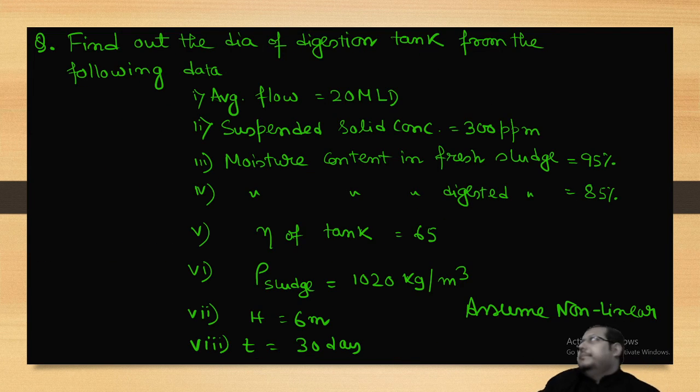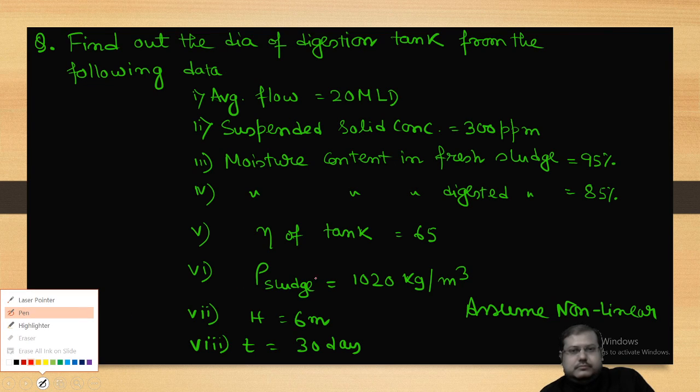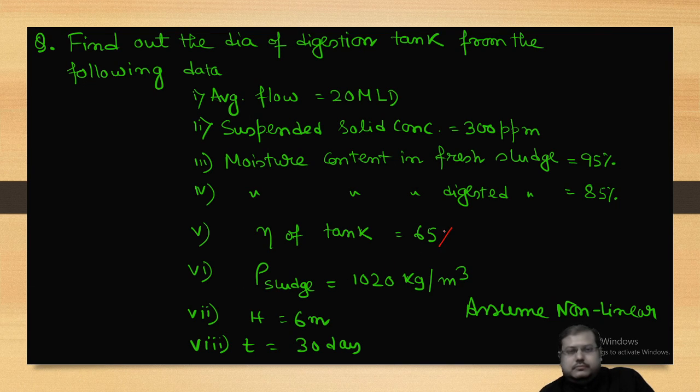Now the problem. Find out the diameter of a digestion tank from the following data: average flow, suspended solid concentration, moisture content in fresh sludge, moisture content in digested sludge, efficiency of the tank. Raw sludge given, height given, T given, assume non-linear process.